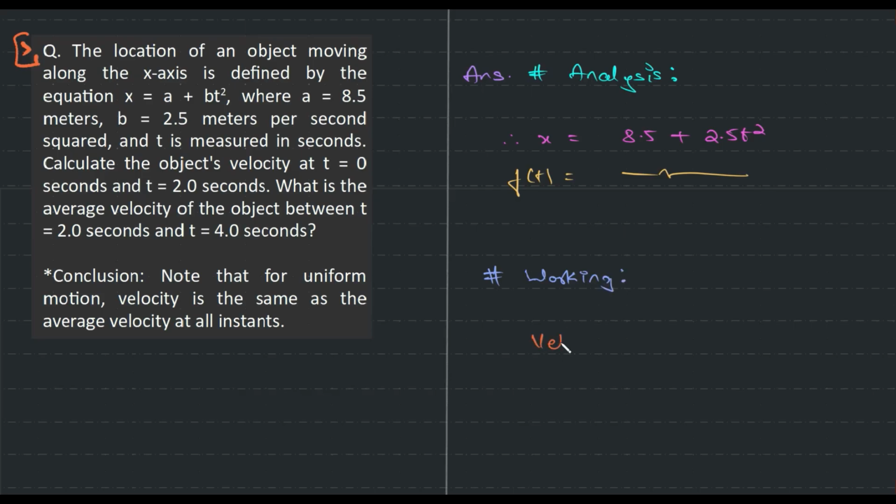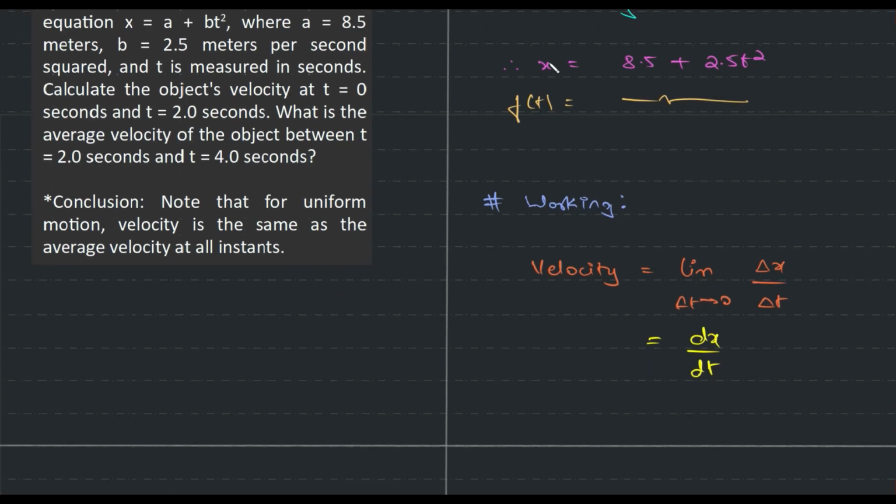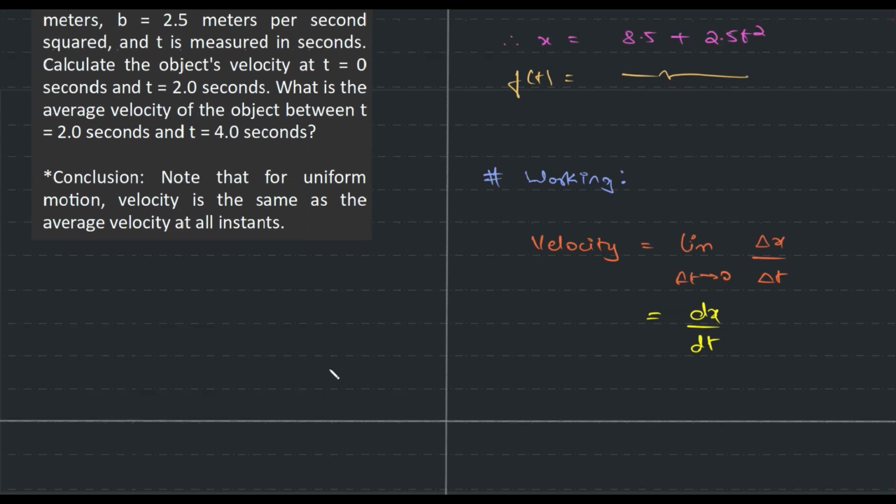So we have velocity. Basically, we're looking at instantaneous velocity. It's given by change in position by change in time, as time approaches 0. This is nothing but your dx by dt. We know x, sorry, we need to figure out dx by dt.